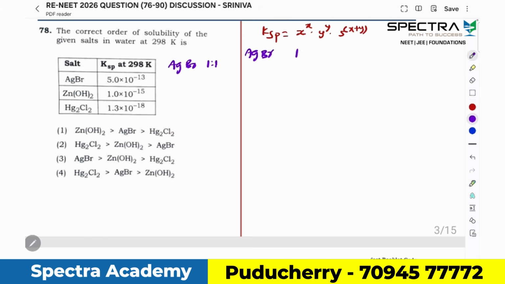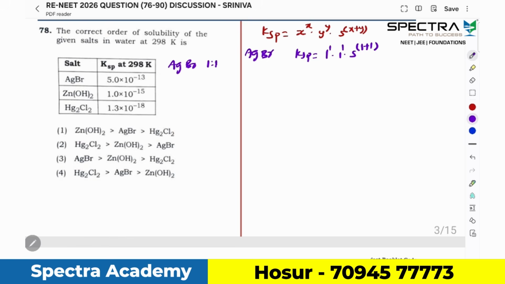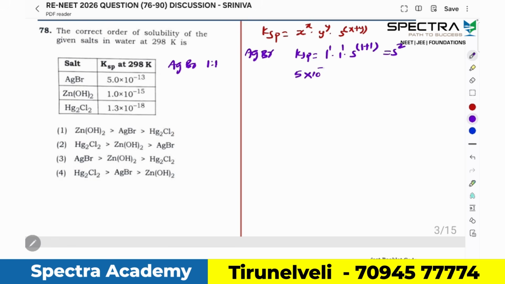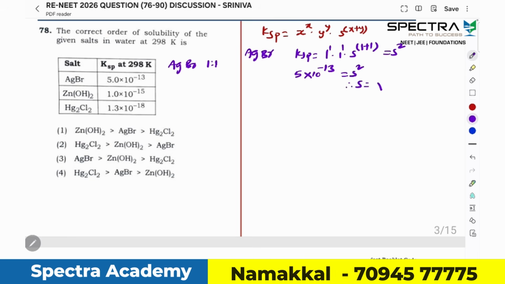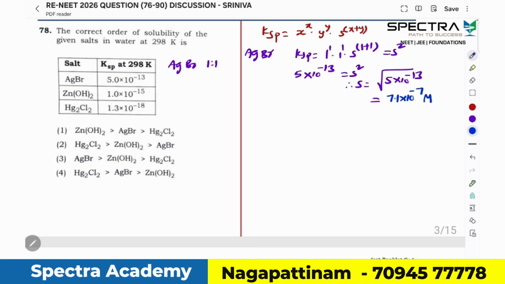So Ksp is equal to 1 power 1, 1 power 1, s power 1 plus 1, that is equal to s square. AgBr Ksp value 5 into 10 to the power of minus 13 is equal to s square. Therefore s is equal to root over 5 into 10 to the power of minus 13. After solving this equation, you will get 7.1 into 10 to the power of minus 7 molar. So this is about AgBr salt.